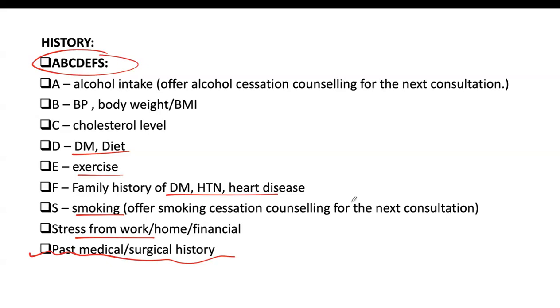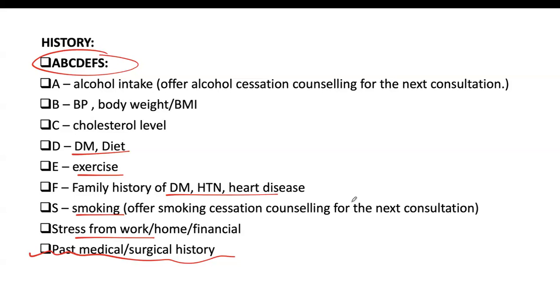You can also ask a couple of other questions related to the cardiovascular system. Do you get blurring of vision, any weakness anywhere in your body? Do you get pain in your lower legs when you walk, to rule out PVD? This is just to get an idea whether this patient has any high cardiovascular risk symptoms.